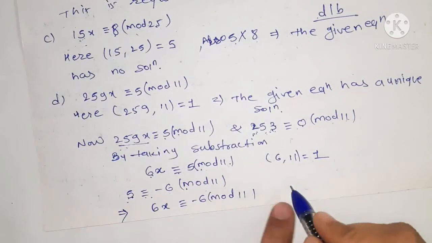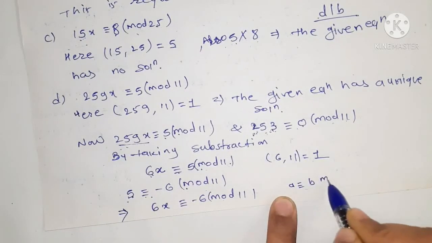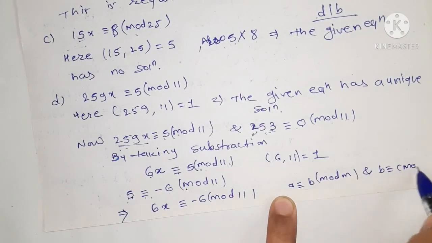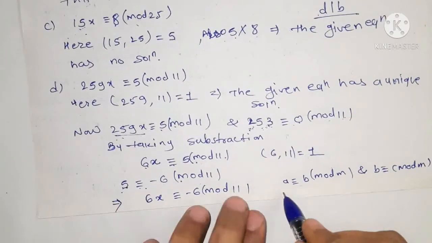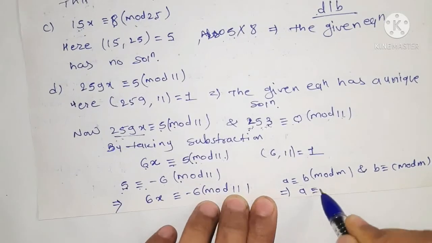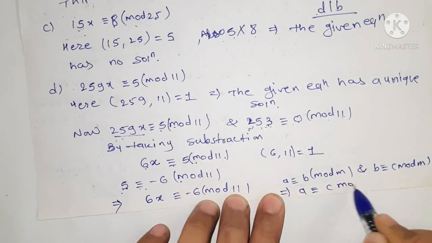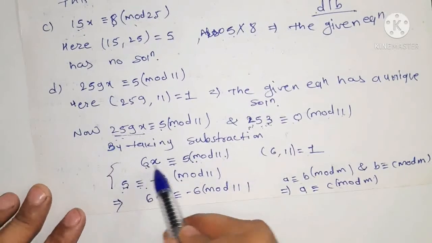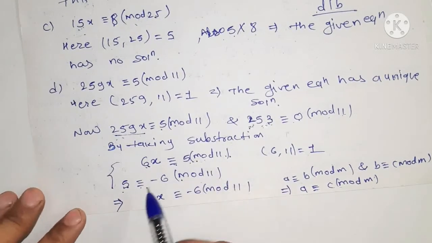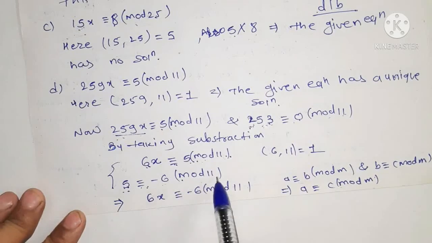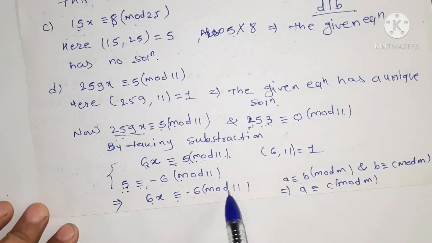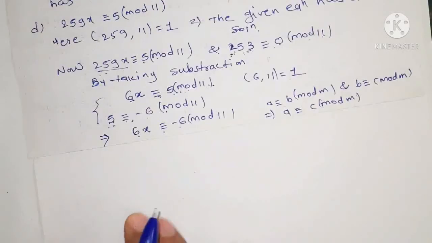That is, when A is congruent to B mod M and B is congruent to C modulo M, then A is congruent to C modulo M. So we apply this to these two equations, and both imply that 6x is congruent to minus 6 mod 11.